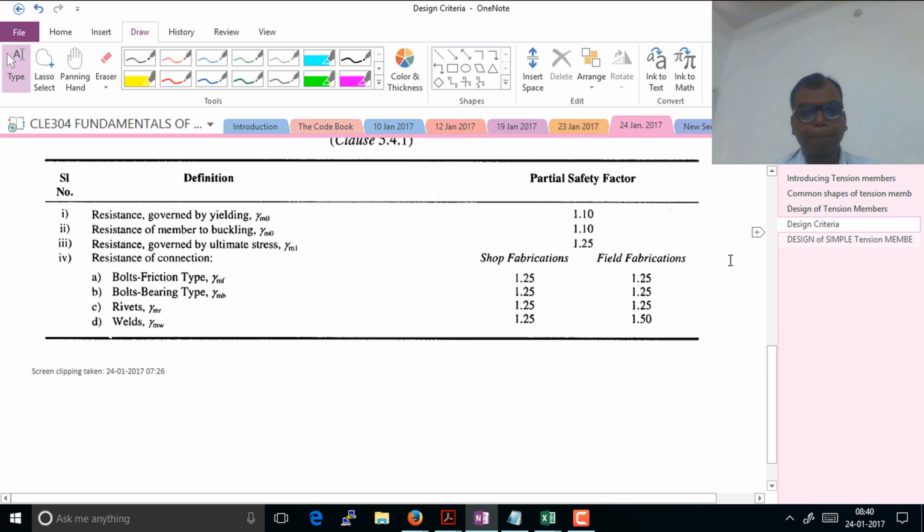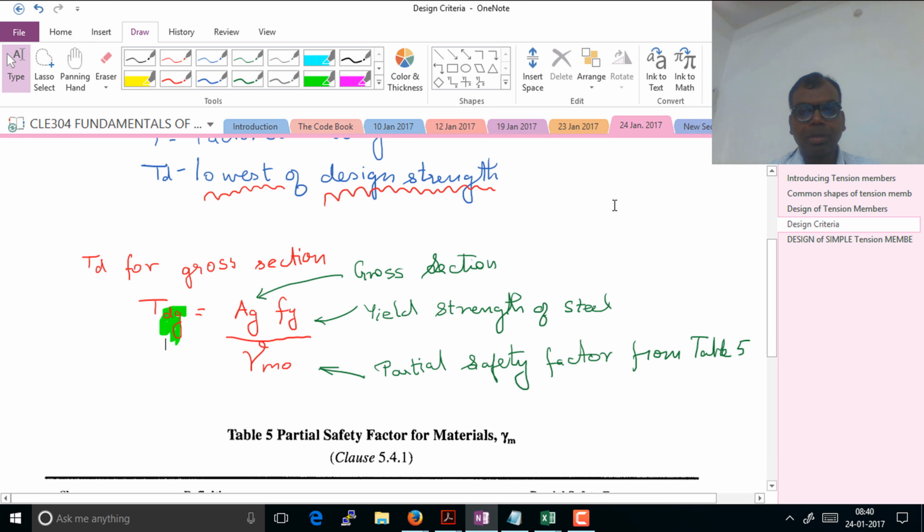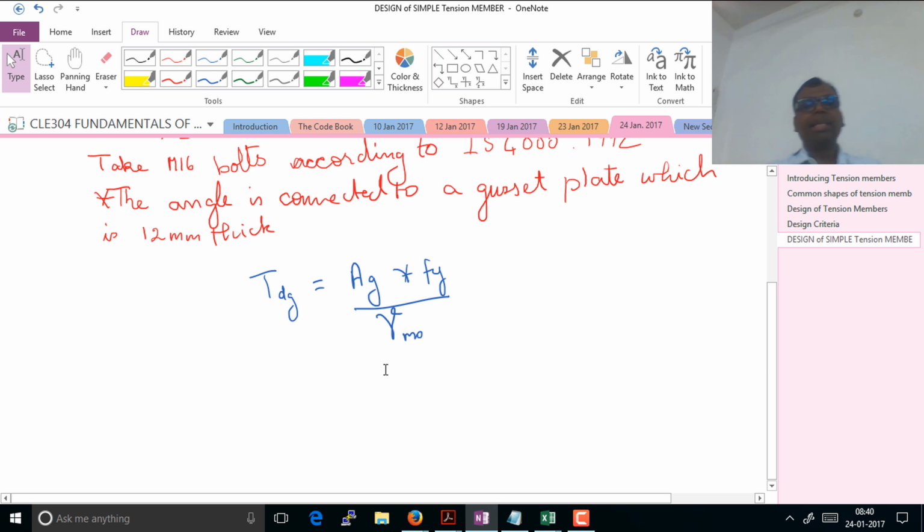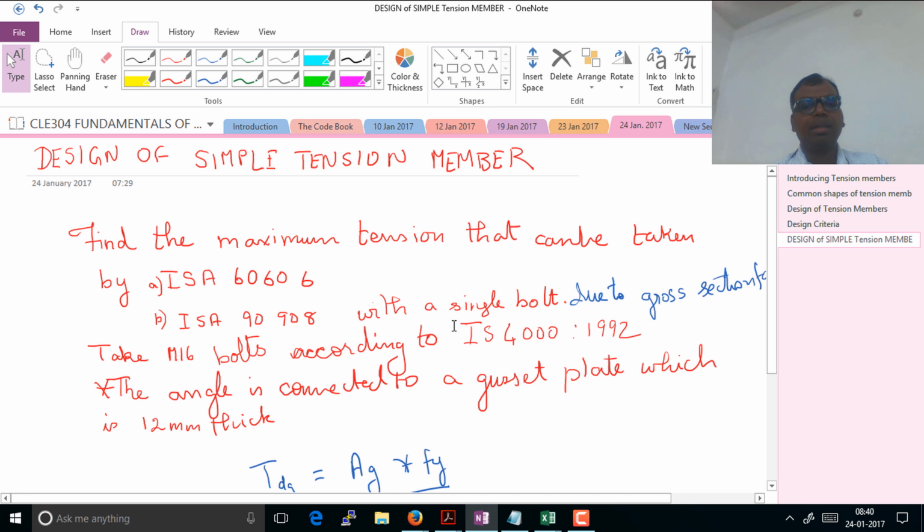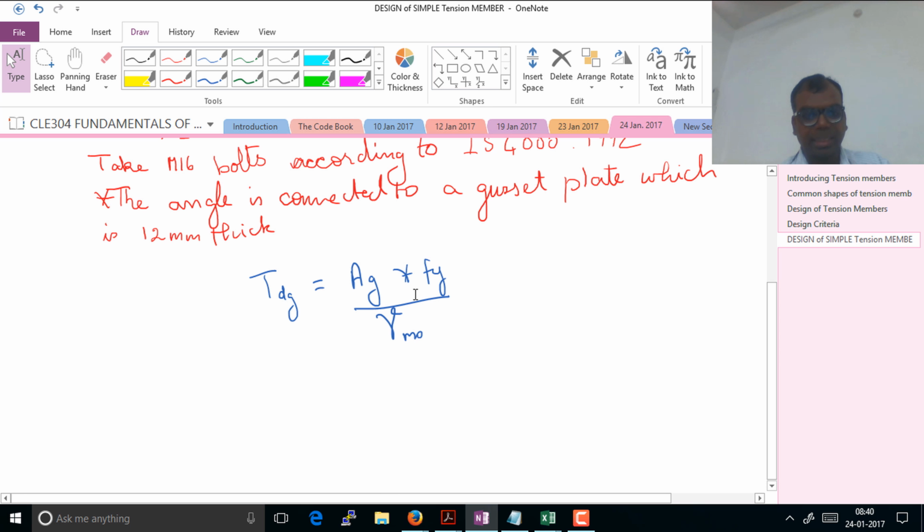So what is A_g? Now I'm going to take ISA 60-66. How is this connected?